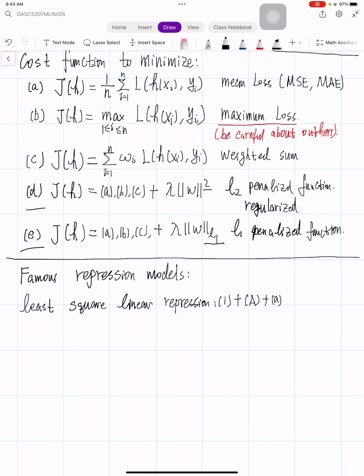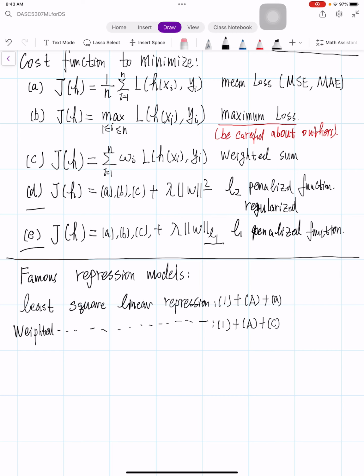This is least square, a regular regression problem. The second one is the weighted least square linear regression. We have the linear function form, we give the square loss, but now we give the weighted loss. So this gives us a weighted linear regression.